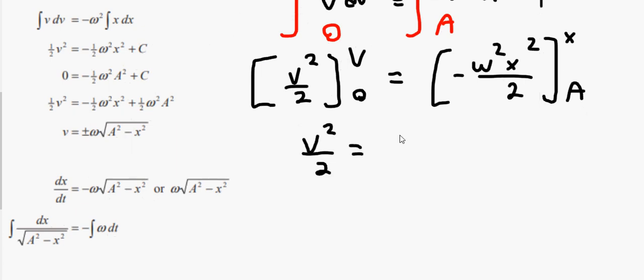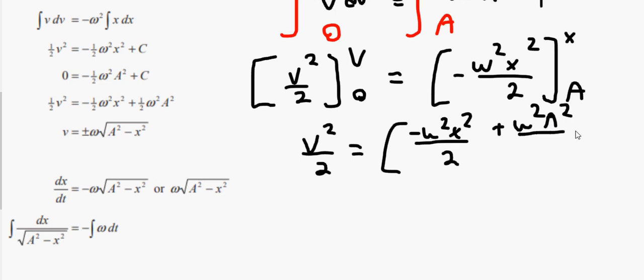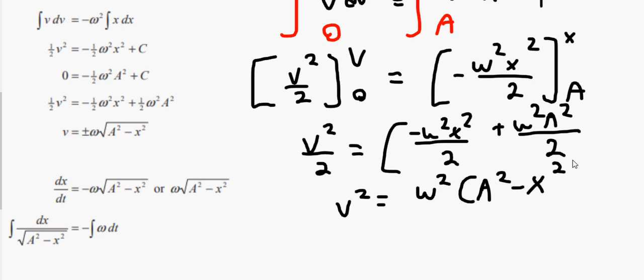Sub it in. Minus omega squared x squared all over 2. And then what about the next one? Double minus, so it's going to be plus omega squared a squared all over 2. What happens to the 2's? Cancel. And then we're going to get omega squared times a squared minus x squared.